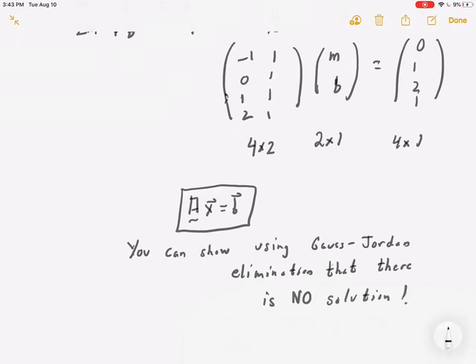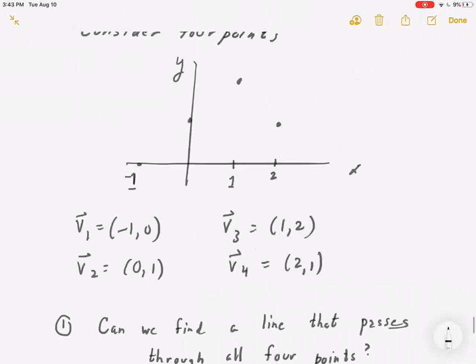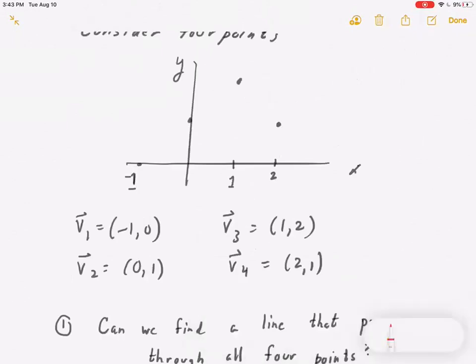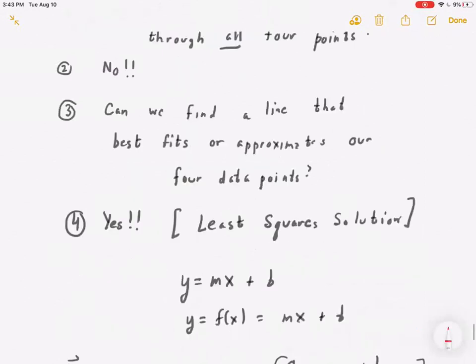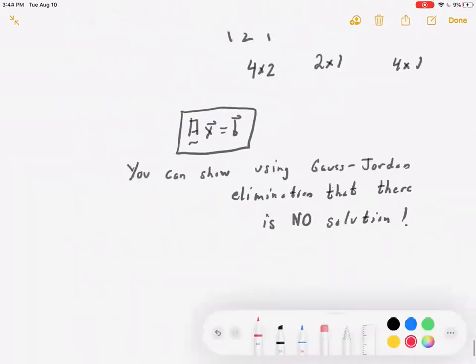Now, I really didn't need Gauss-Jordan elimination, right? Because if I looked at the plot that I generated a few minutes ago, clearly this point is the problem. This prevents you from writing a line through all 4 points. But again, you don't just give up and go home.